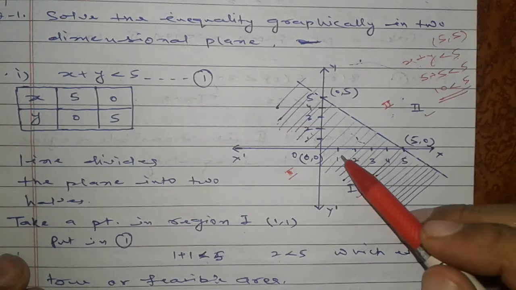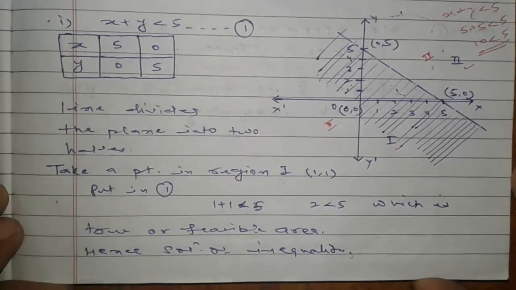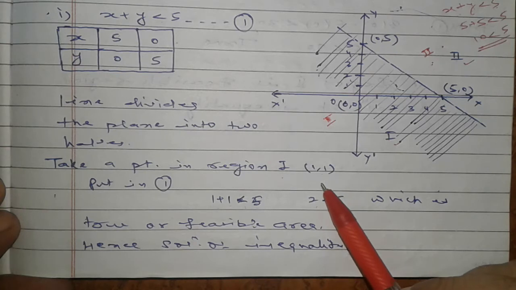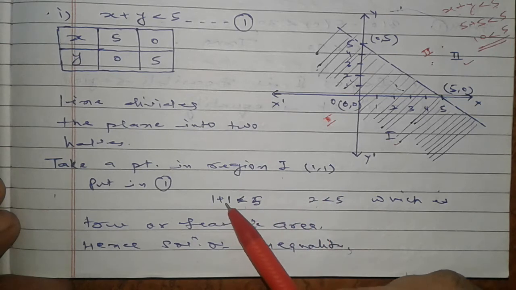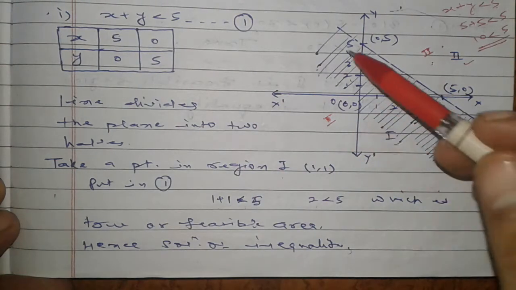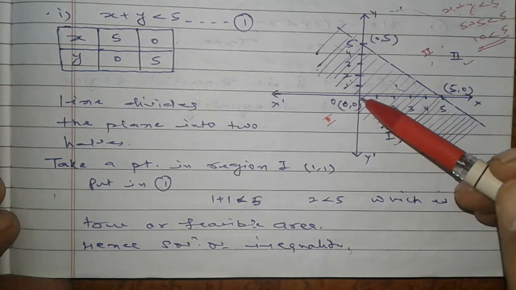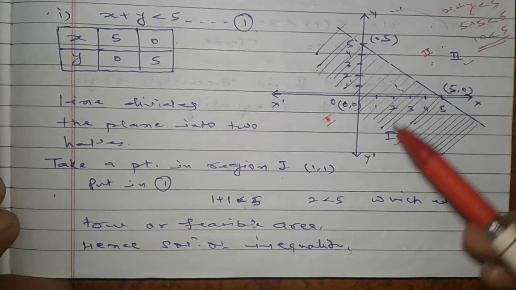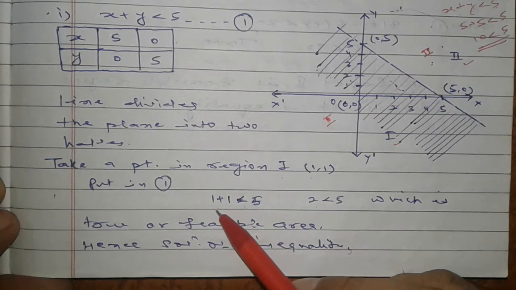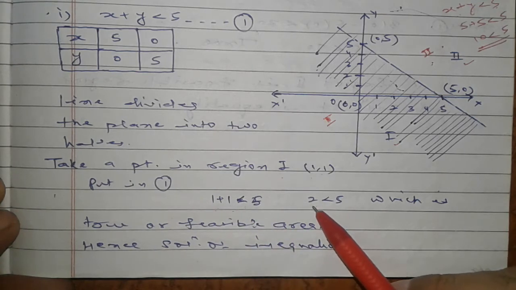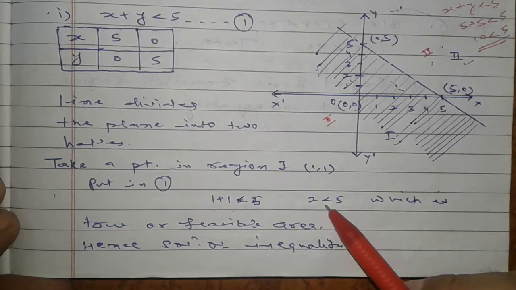Let me check. Take any point. Suppose I have taken (1, 1), and I put the value of (1, 1) in the given inequality, 1 plus 1. On this side you can take any point, (0, 0), (1, 1), (2, 2), (1, 2), on this side of the line. So I will take (1, 1). 1 plus 1 is 2, 2 is less than 5, or 5 is greater than 2, which is true.